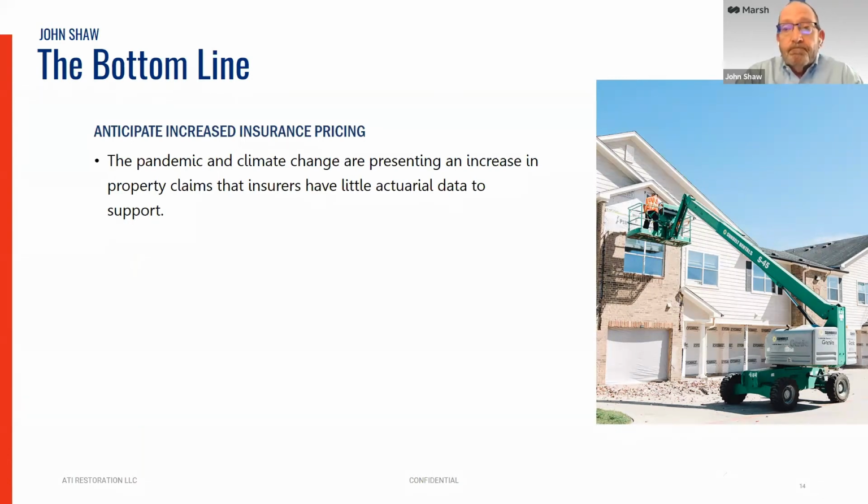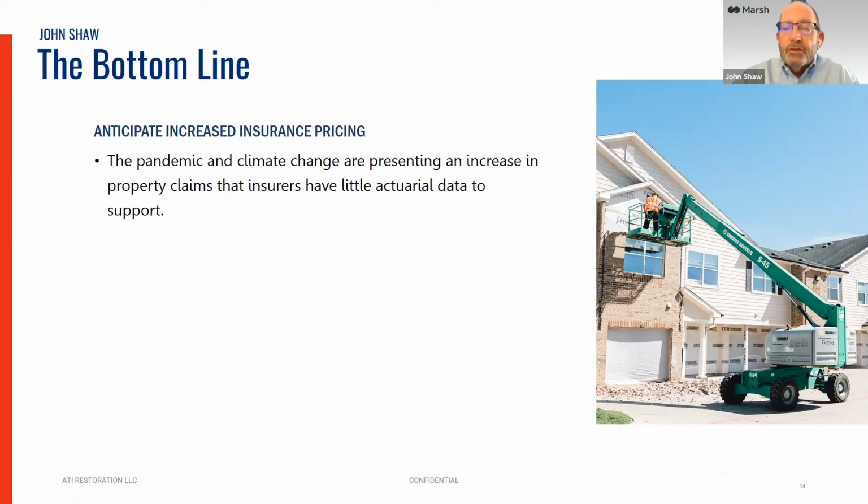A lot of it is just they don't have the statistics to develop their rates. There are variations that they haven't seen in the past, the long tail that they have of the statistics and the recent volatility in the statistics have created some variations that they are struggling with.